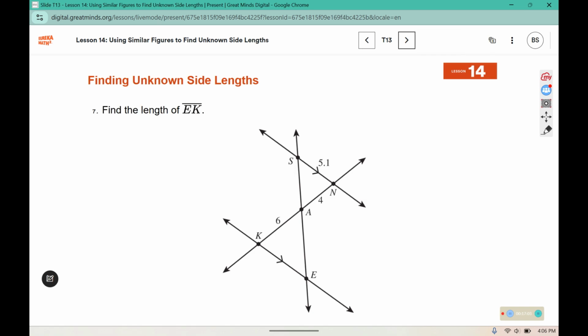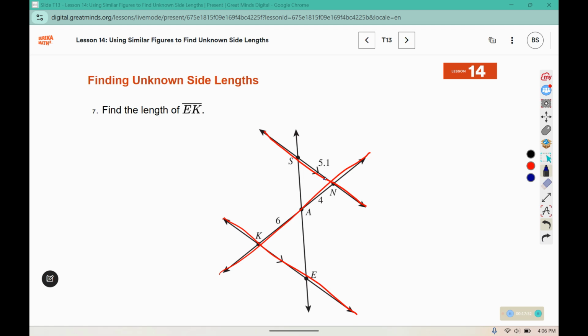So here, it doesn't tell us that they are similar, but it does give us these little arrow indicators which say that these lines are parallel. So since these lines are parallel to each other, and we have a transversal or two cutting through them, we can say that there are angles that are corresponding or alternate interior or alternate exterior that would tell us these angles are the same.